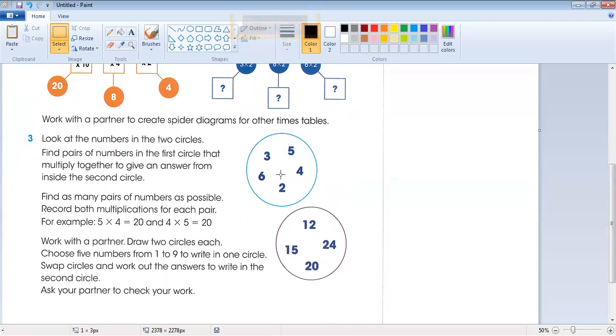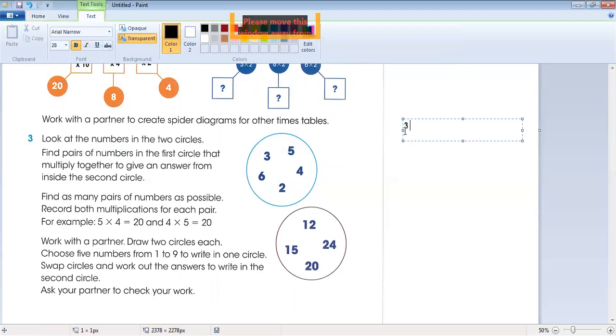So here you can see which two numbers we multiply so that we can get the answer from here. Okay, 12. Now we find a pair of 3 and 4.